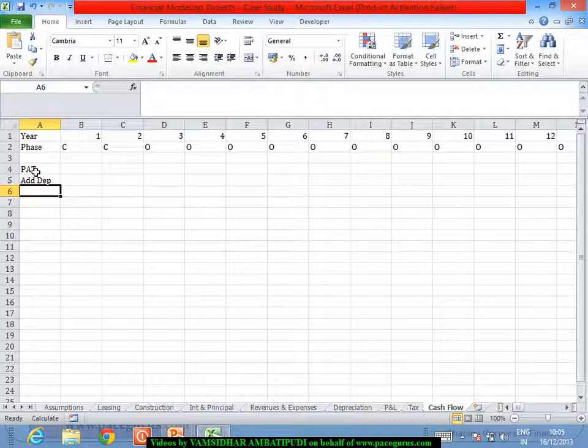To the PAT of this particular year, I am adding the depreciation of that same year, because we add back the non-cash expenses for the period. They are not a movement of cash, they are more of an allocation. That's the reason we add non-cash expenses and treat them as a part of the cash flow.